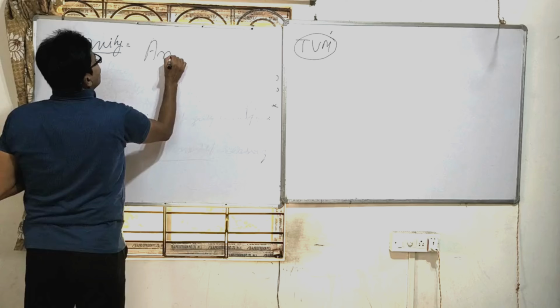So, I was actually discussing the most important topic of finance, that is time value of money, TVM. In the time value of money, there are so many small topics, like future value of a single amount, future value of uneven cash flow, present value of a single amount, present value of uneven cash flow.